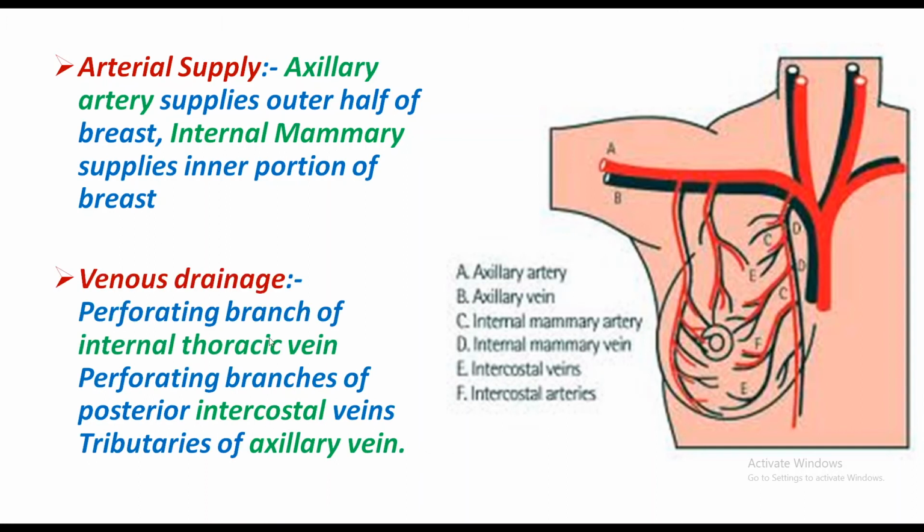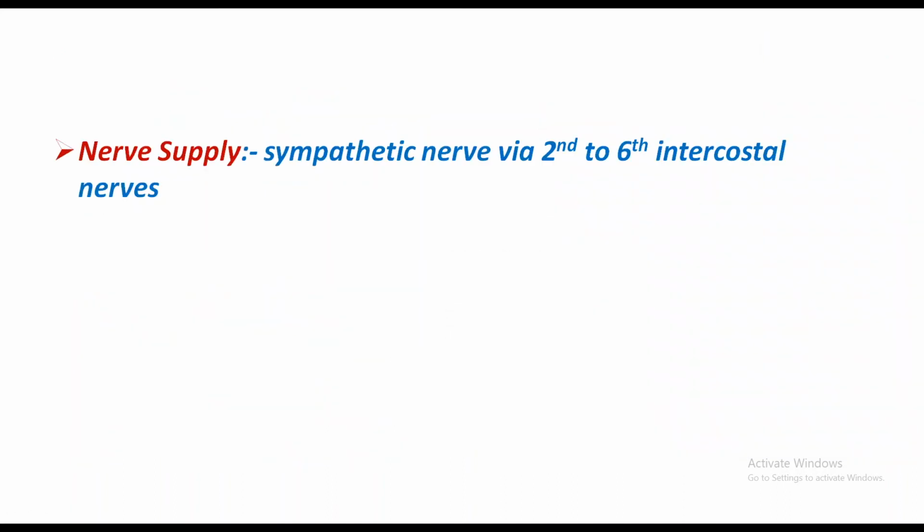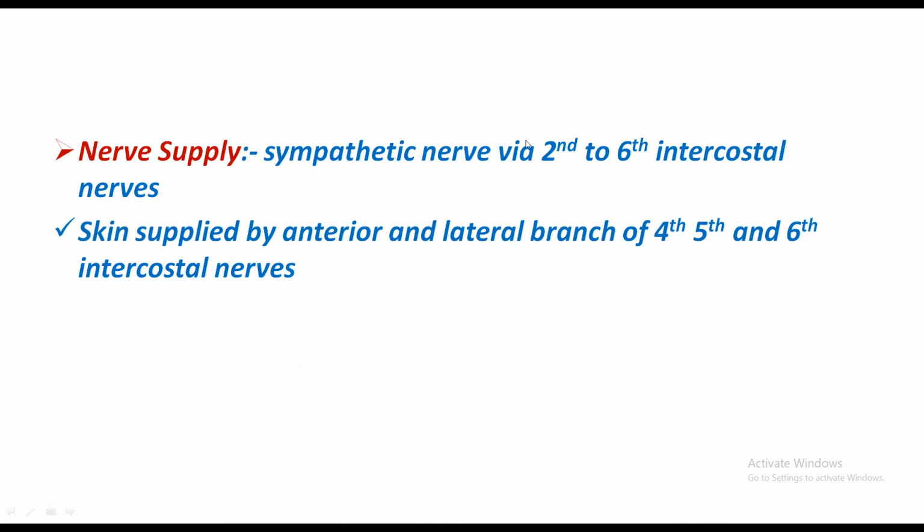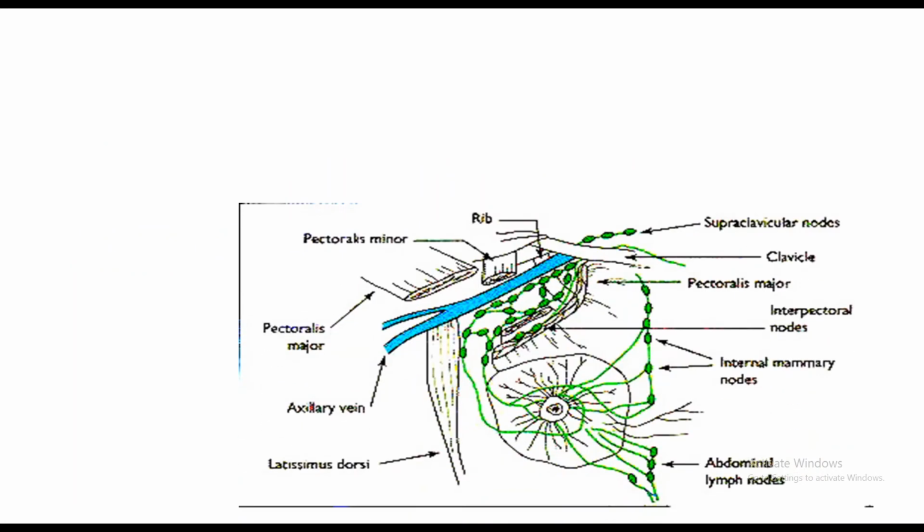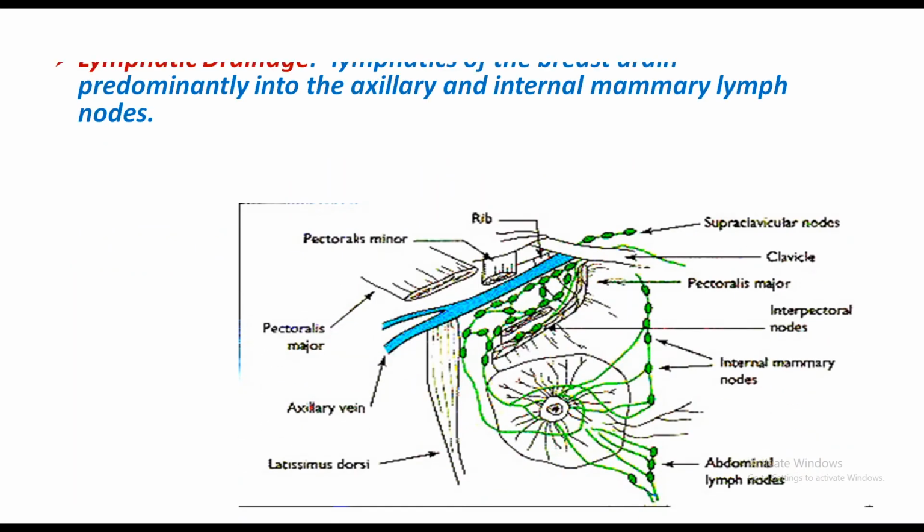Venous drainage is through the perforating branch of the internal thoracic vein, the perforating branch of the posterior intercostal vein, and tributaries of the axillary vein. These are the drainage for the breast. Nerve supply is from the second to sixth intercostal nerves, sympathetic branch. Skin is supplied by anterior and lateral branches of the 4th, 5th and 6th intercostal nerves.